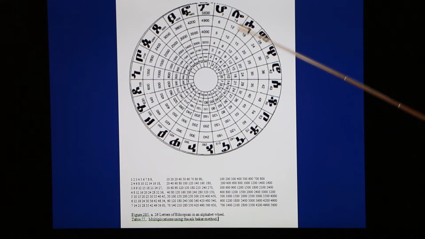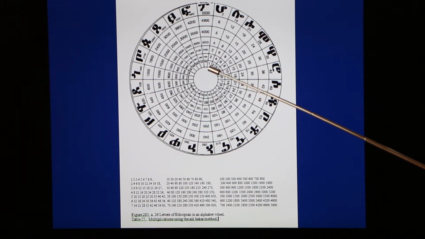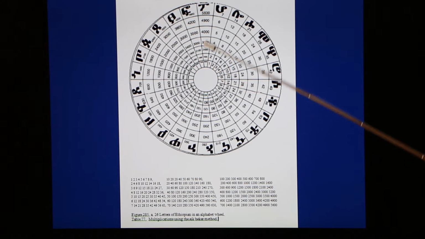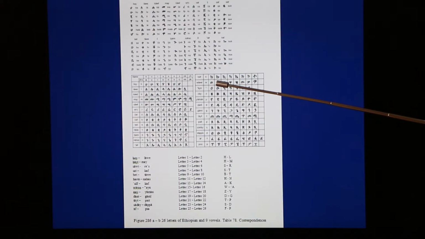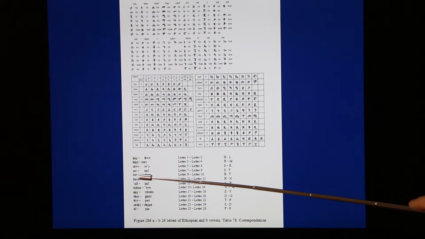Now I start here at 1 and go around like this, and then have different values at each level, and create not just a numerical value going from 1 to 100 or 400 or 1,000, but going all the way to 5,600. Or here, taking the 26 letters of Ethiopian with 9 vowels, again, I get Hoylau.